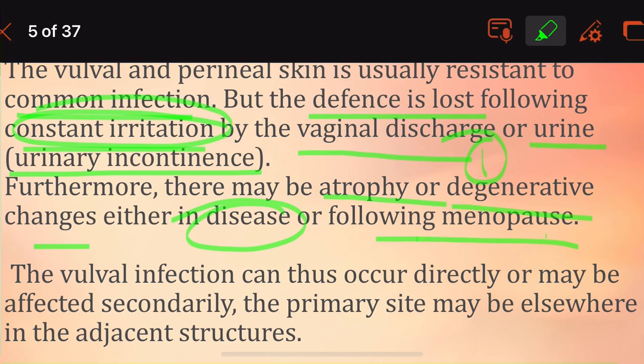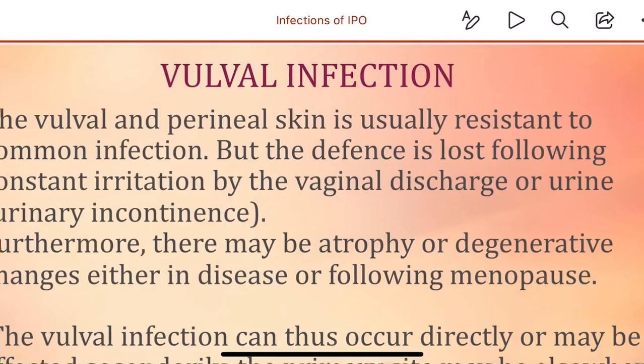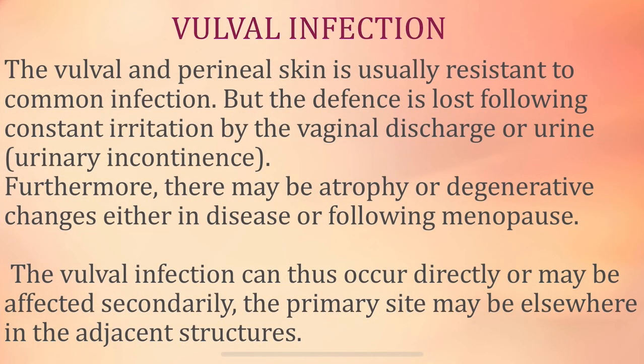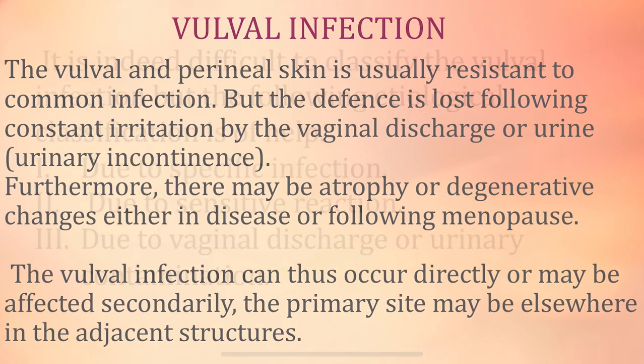The vulval infection can occur directly, or it can be secondary to a primary site of infection elsewhere in an adjacent structure. It could be the anal canal or the rectum. So guys, you have to know the anatomy.